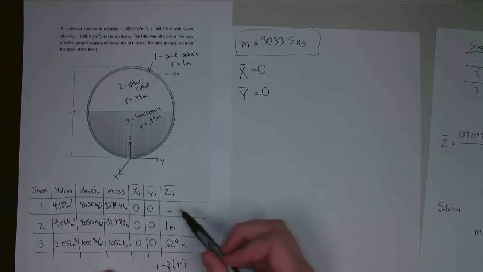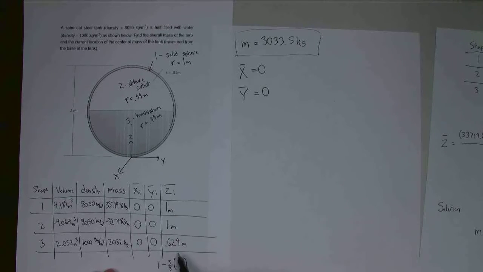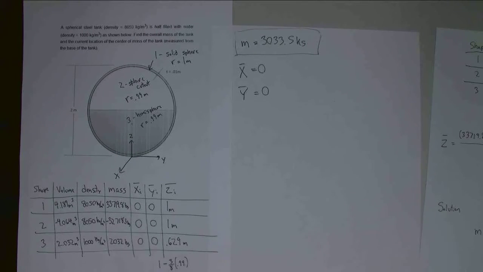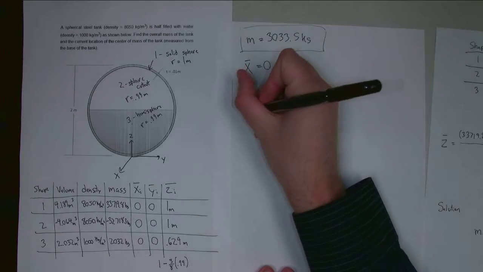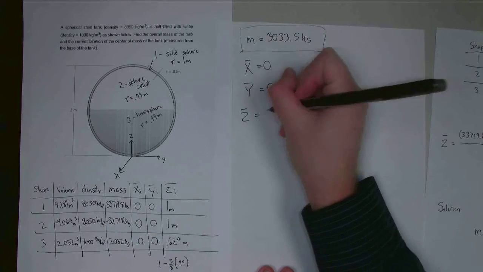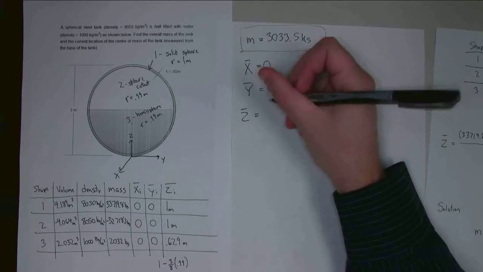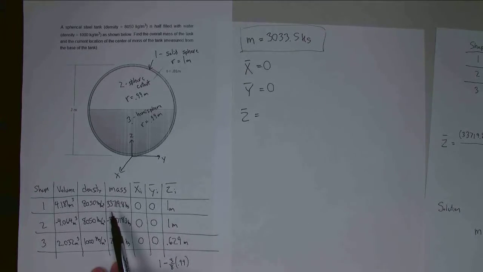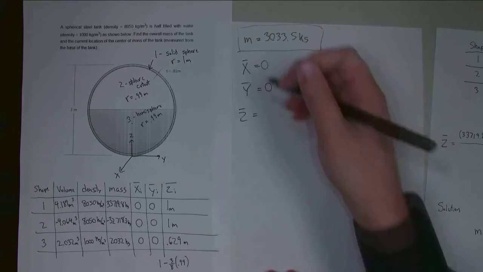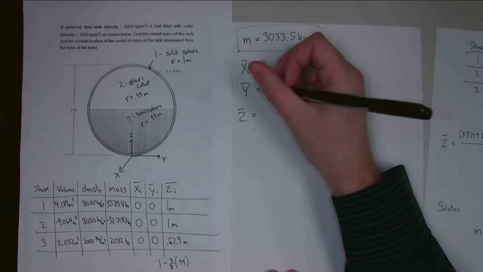Z bar, since I have 1, 1, and something that's not 1, I need to perform the calculation in this direction. So Z bar is going to be mass 1 times Z1 plus mass 2 times Z2 plus mass 3 times Z3. And I divide that whole thing by the overall mass.